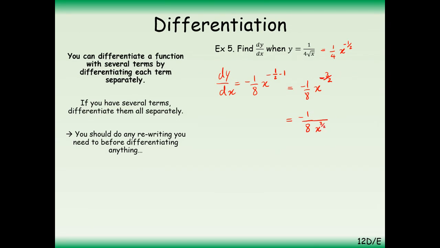That was because that was a negative power here, it was in the denominator. Okay, so even further simplification is possible. You can write it as the square root of x raised to the power of 3, if you wish.